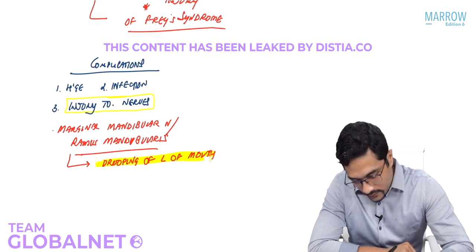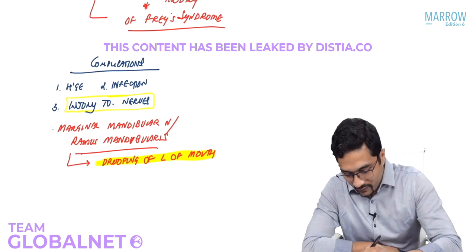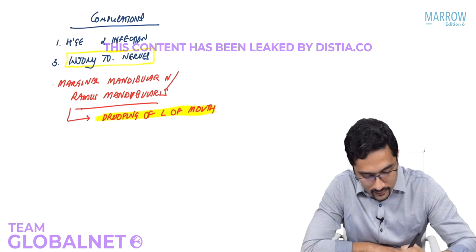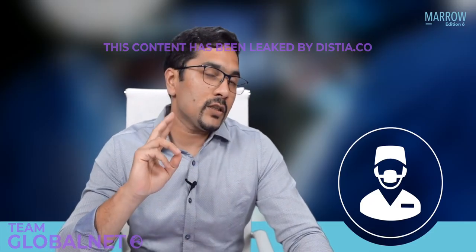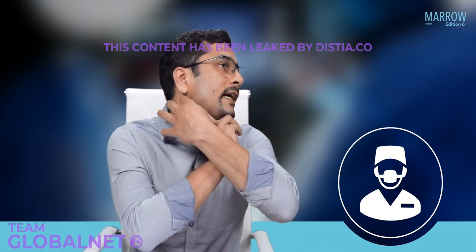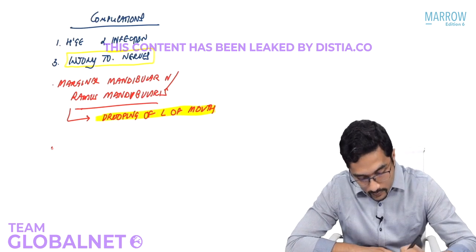And I also told you about Sylvester Stallone, Sharat Pawar and Jeffrey Boycott having that kind of facies when they speak, right? I also told you in that module how we prevent injury to the marginal mandibular nerve: we should have the incision at least 2 finger breadths below the angle of mandible.